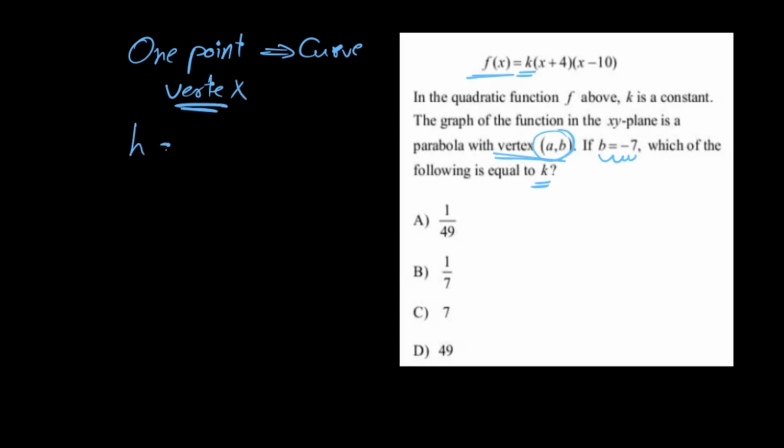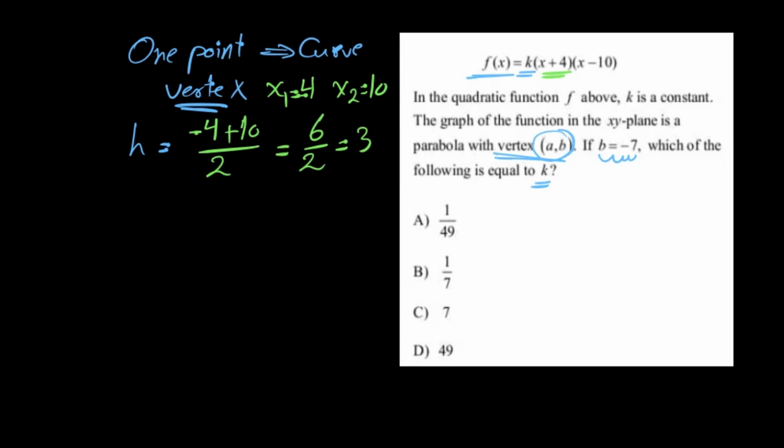Vertex h equals, x1 is negative 4, x2 is 10. So it's going to be negative 4 plus 10 divided by 2, which is 6 divided by 2, equals 3.